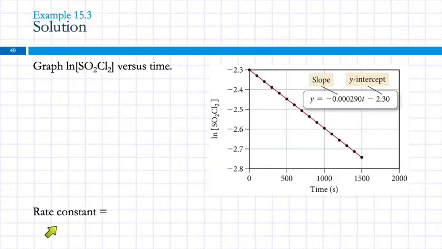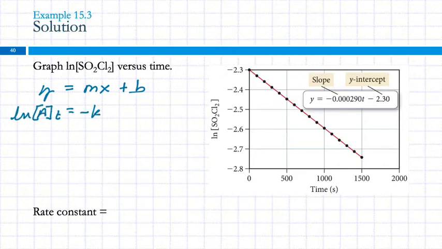And then we were asked to find the rate constant. Well, the rate constant is in the equation for the line. The computer that did the graph will also give us the best fit line and an equation for the line. So in the form y equals mx plus b, that corresponds to the natural log of concentration equal to negative kt plus the natural log of the initial concentration.